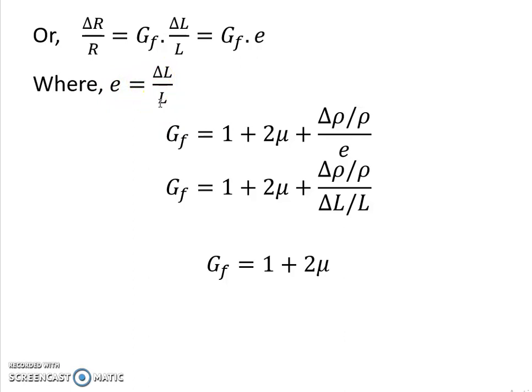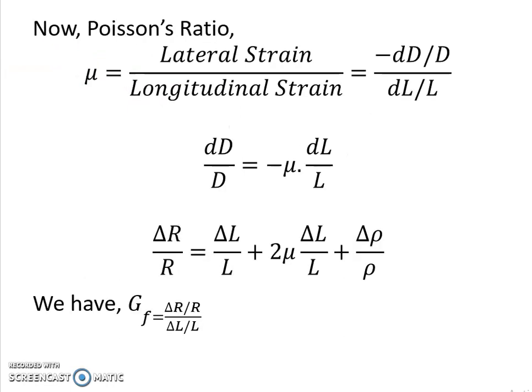So by dividing this equation by delta L divided by L, the LHS, delta R by R divided by delta L by L, is nothing but GF, the gauge factor.